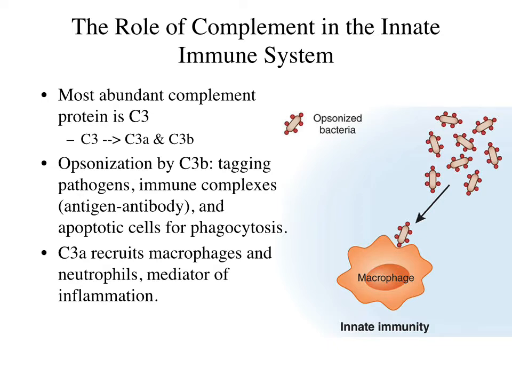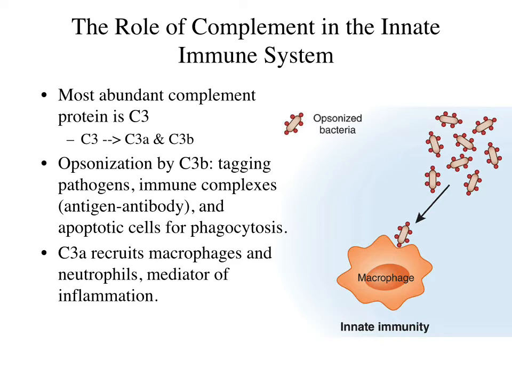C3b can catalyze a series of reactions that result in the cutting of many more C3 molecules, a chain reaction that results in the deposition of large numbers of C3b fragments on the surface of the virus. Macrophages have receptors that bind to C3b. The virus has had its surface, we call it decorated or opsonized, with C3b, making them preferred targets for macrophages.